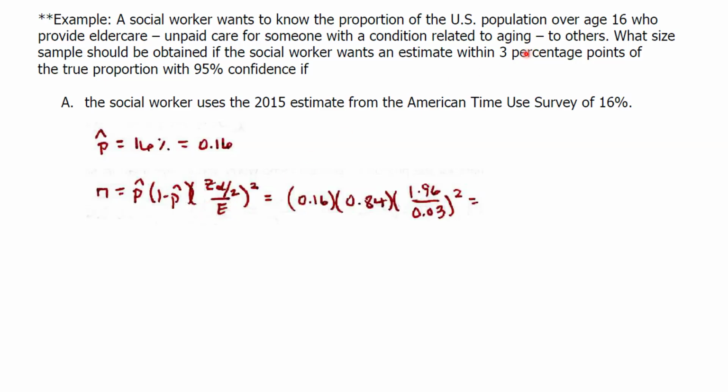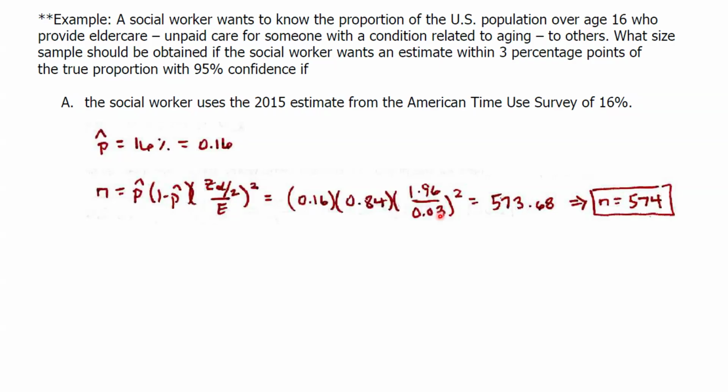Okay, so we are estimating 3 percentage points of the true proportion with 95% confidence. So 0.03 would be our margin of error from this 3 percentage points. So 3% is written as 0.03, which gives us an answer of 573.68.